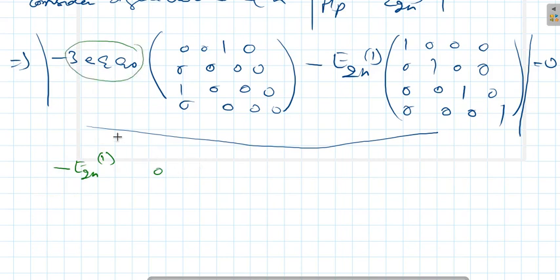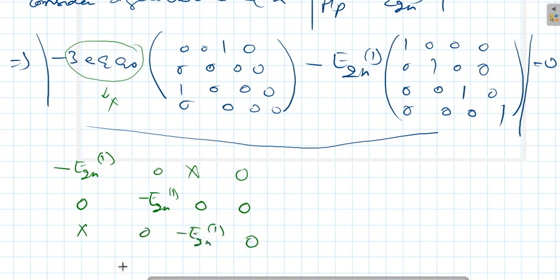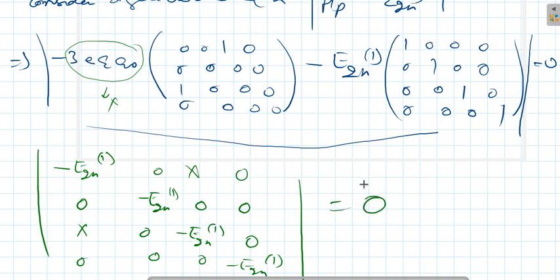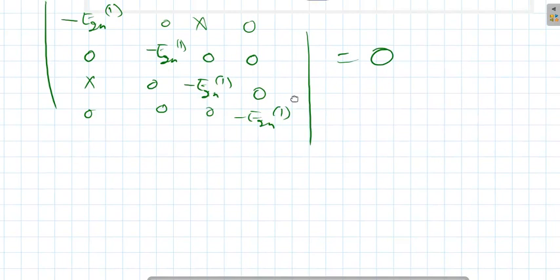So if you call this as x, then the matrix is x, 0, 0, minus 2 and 1, 0, x, 0, minus 2 and 1, 0, 0, 0, minus E2N1, and the determinant will be equal to 0. Let me simplify this determinant.